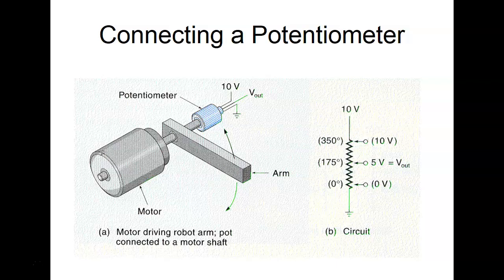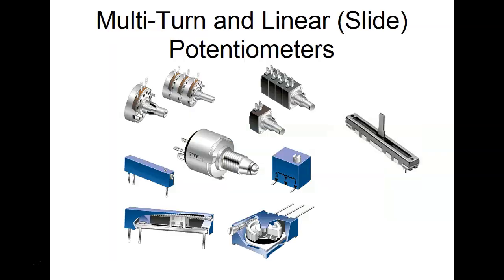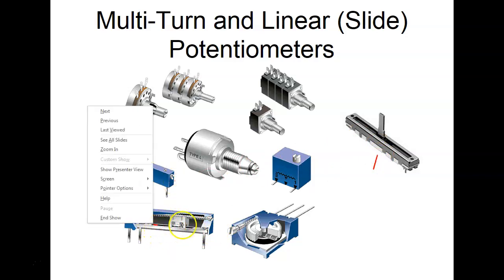I just passed the pot around. We've got to bring that center leg in there and hook it to the wiper, so then we'll never get 360. What your multi-turn pots do, so here on this linear pot, here's your wiper.